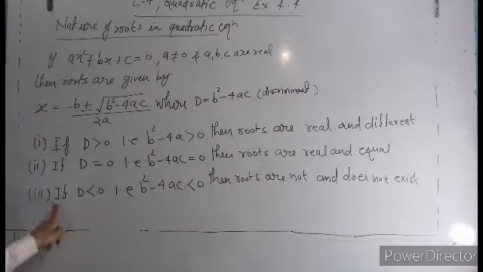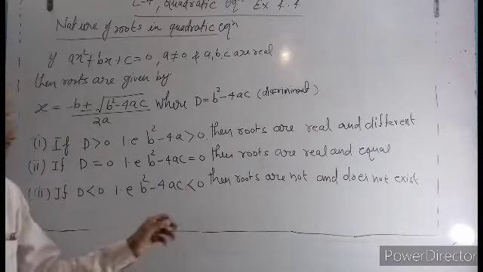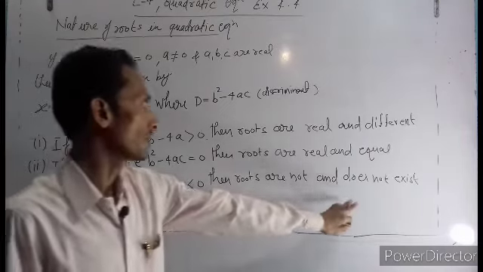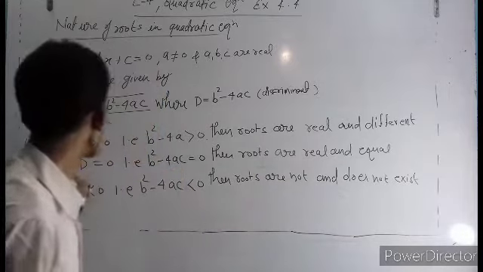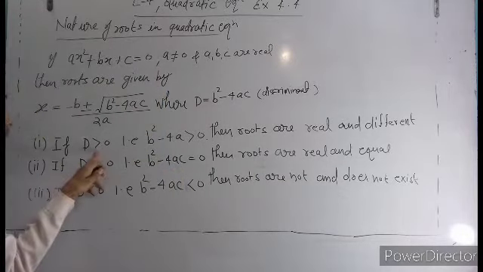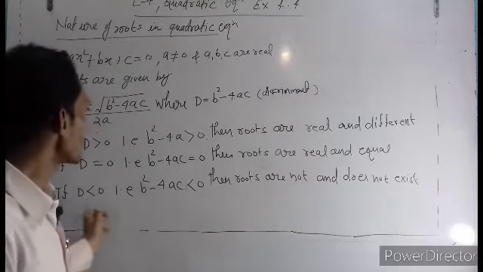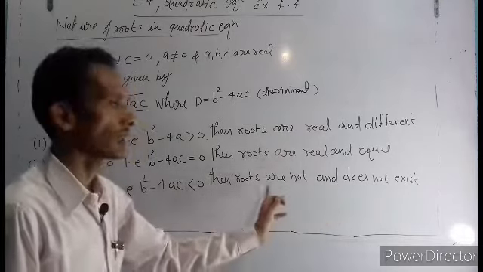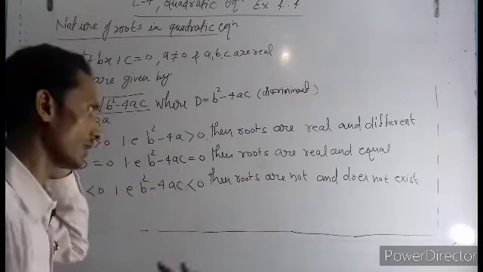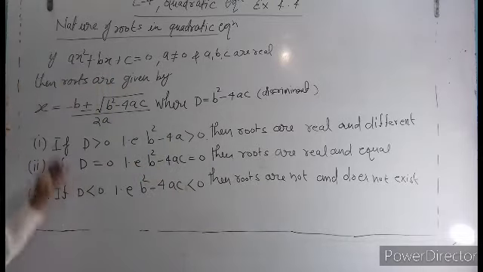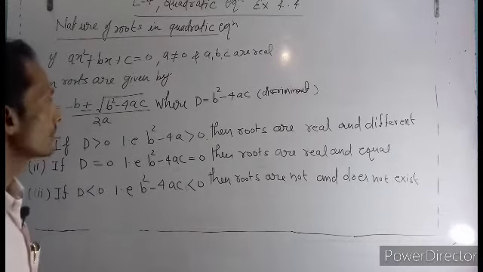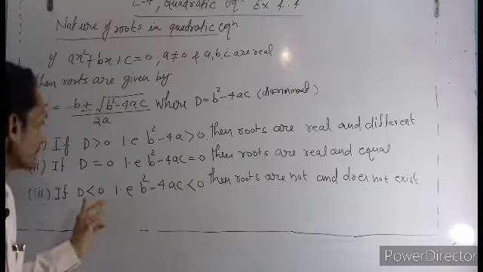Only this one condition gives the nature of roots that do not exist. In the other conditions roots exist, but only in this one the roots do not exist and are not real. So these three conditions you have to remember, note down, and write in your notebook, by pausing the video.